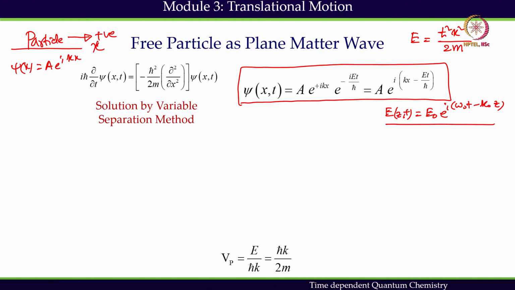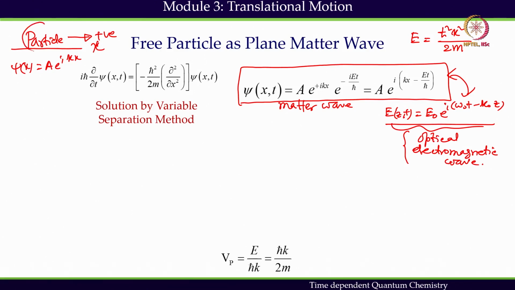We have represented an optical wave, a plane wave, and note the similarity between these two. So, this is your matter wave and this is your optical electromagnetic wave.